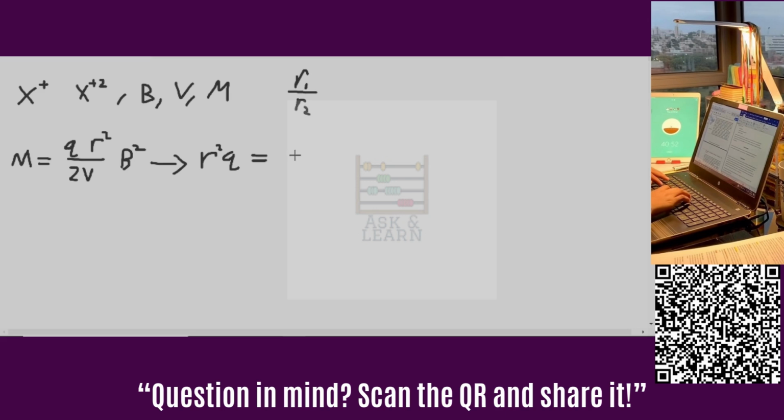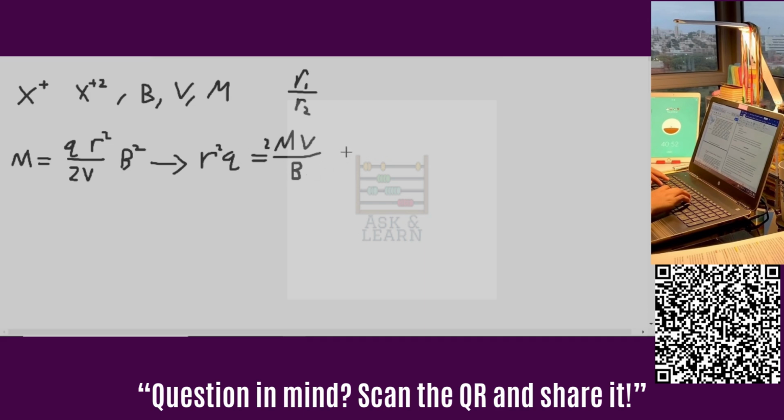So we have R squared times Q is equal to the mass times 2V, we'll write the constant outside, 2V divided by B squared.